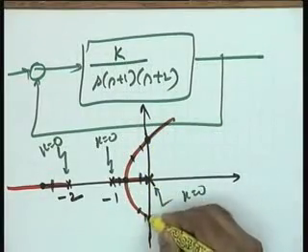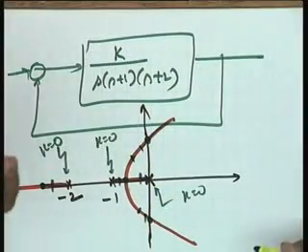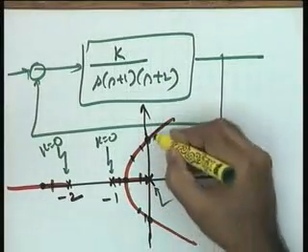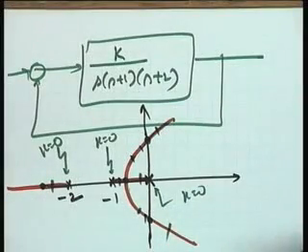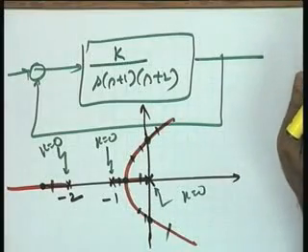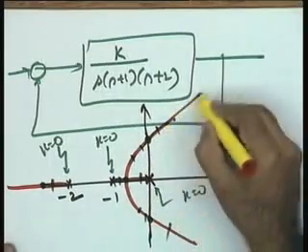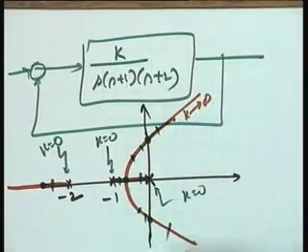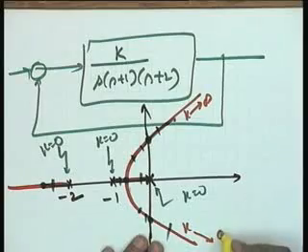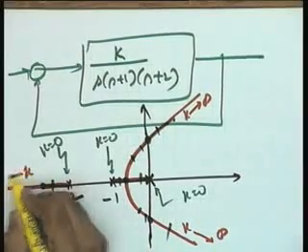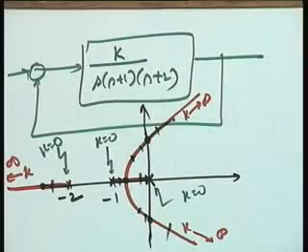At this particular point, there is some value of k which makes the system oscillatory. You further go and increase the value of k, your system has become unstable. So you will find in this particular case that this point is going to infinity as k tends to infinity, and here is a point which goes to infinity as k tends to infinity.